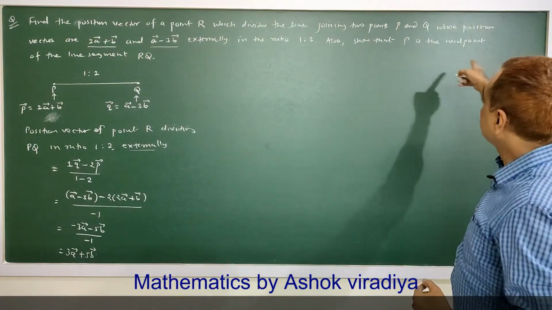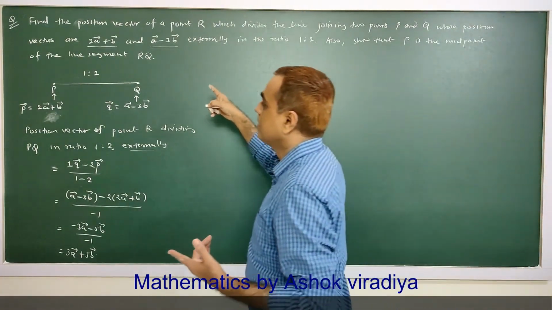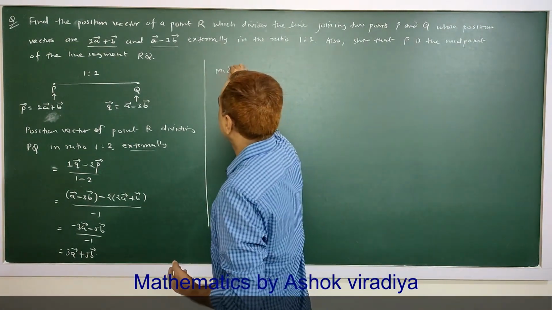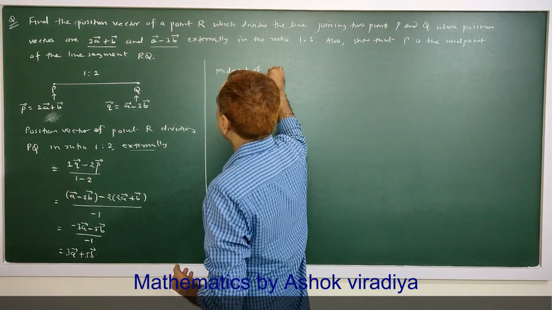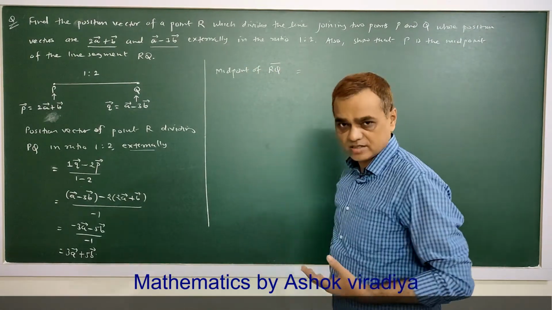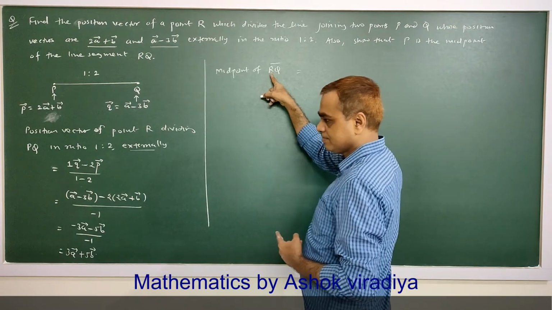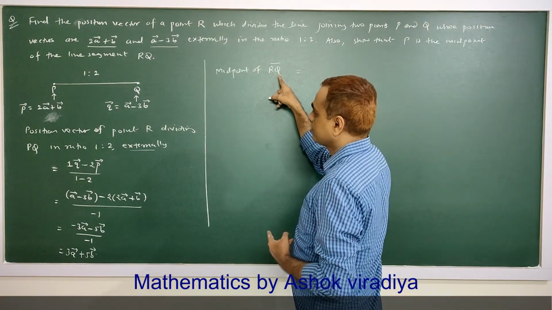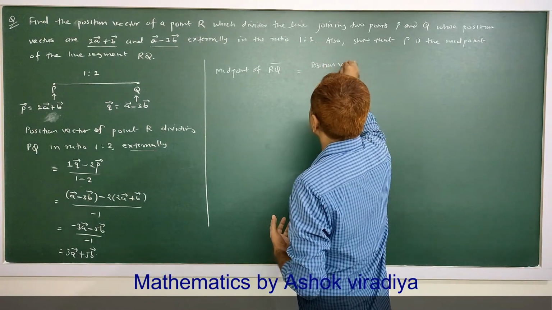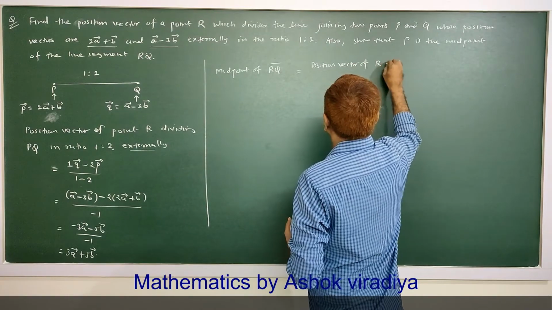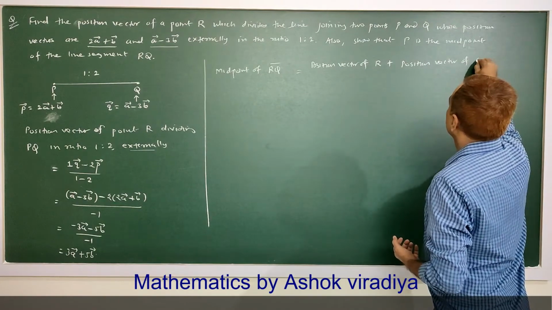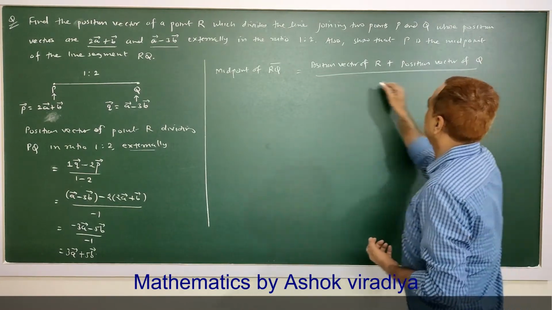Now show that P is the midpoint of line segment RQ. The midpoint of line segment RQ is the position vector of R plus the position vector of Q, divided by 2.